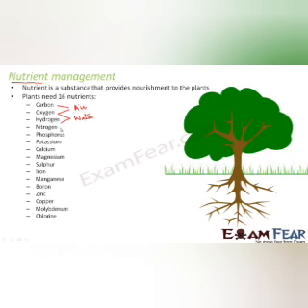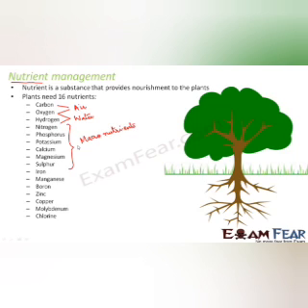Now, other than that, nutrients like nitrogen, phosphorus, potassium, calcium, magnesium, and sulfur are nutrients which plants need in large amounts. They need these few nutrients in large amounts, and that is why these are known as macronutrients.